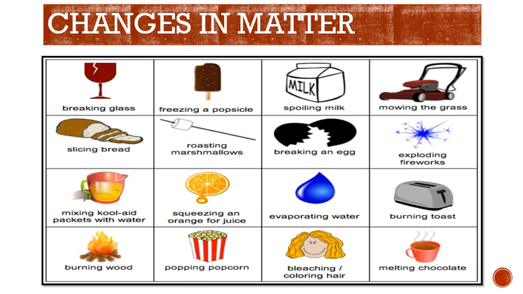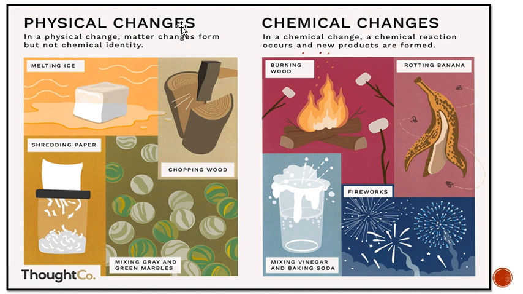But changes in matter come in two kinds. It could be a physical change or a chemical change. So how can we determine which of these examples is a physical change or a chemical change? When we talk about physical change, matter changes form but not chemical identity.